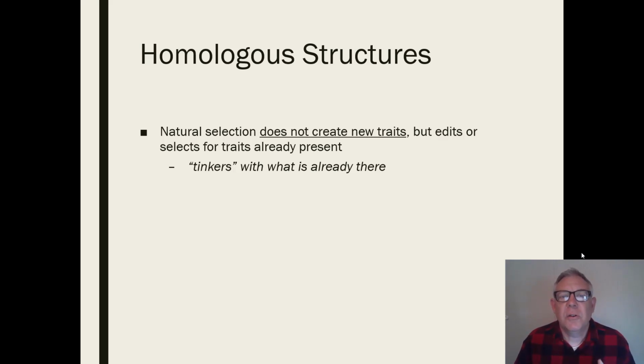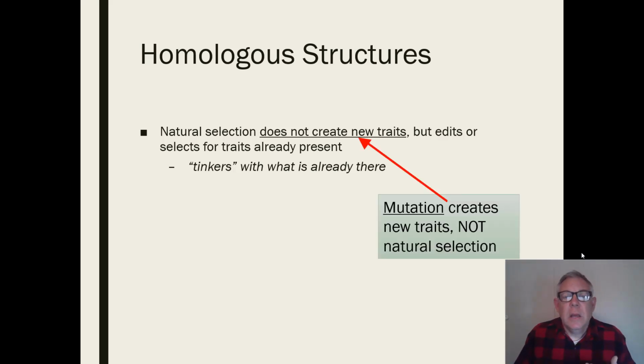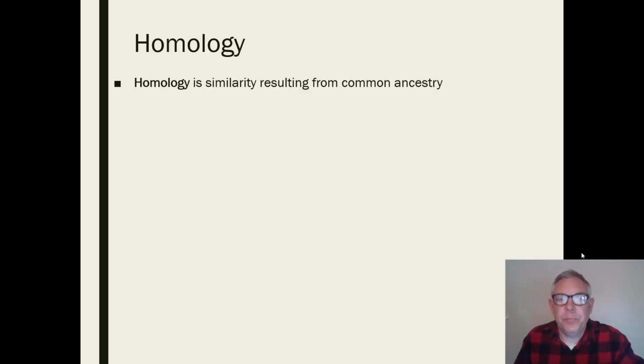And these are structures that are similar in two different species. Their underlying structure is similar, but they might have very different usage. And a very good explanation for that is that they came from a common ancestor. Again, mutations are what creates these new traits, but then natural selection acts upon those traits.